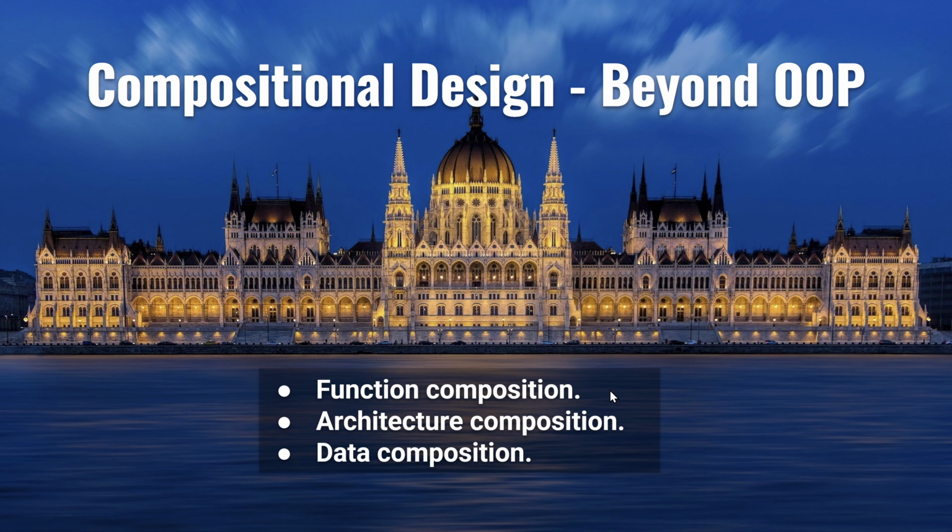You can also use compositional design techniques at the architecture level, and by architecture level I mean at the process level, at multiple processes. For instance, many of the Linux command line tools are designed to be composed together so that the output of one command line tool can be used as input for another.